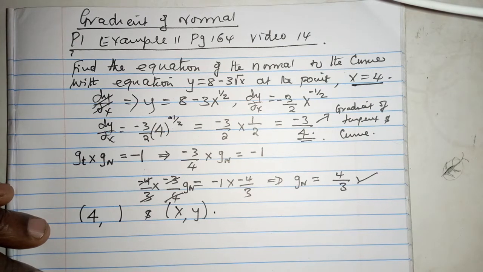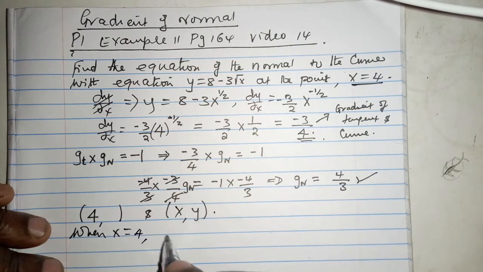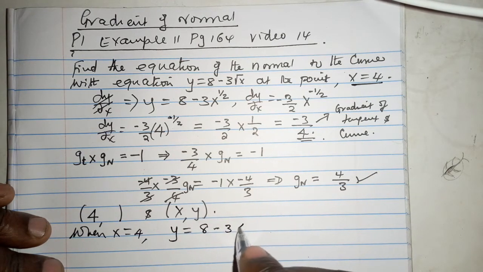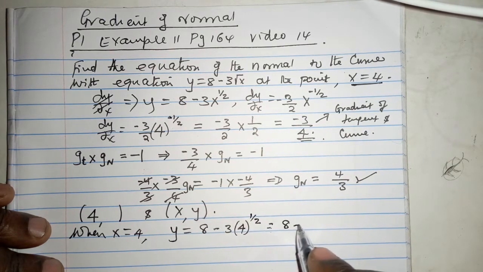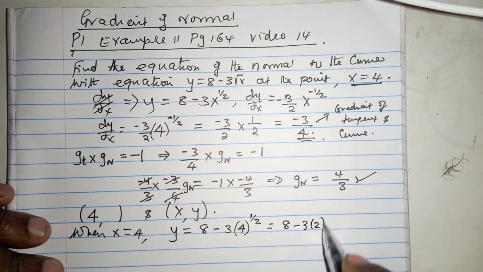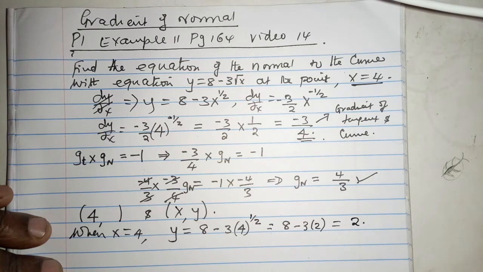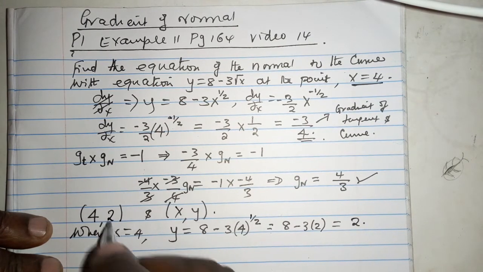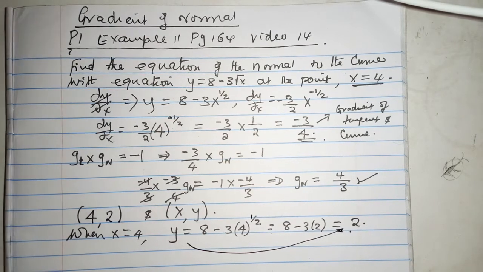So when x is equal to 4, y becomes 8 minus 3 times 4 raised to the power half. Of course, this is 8 minus 3 times 2, 8 minus 6, which is 2. So the normal, as well as the tangent, is passing through the point (4, 2). The value of y itself is 2 at that particular point.